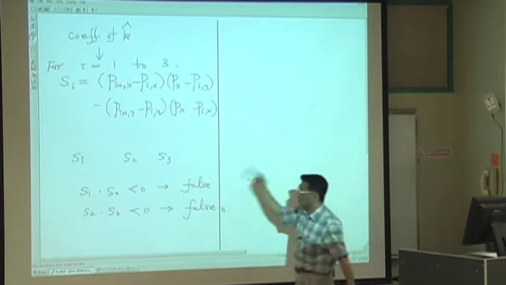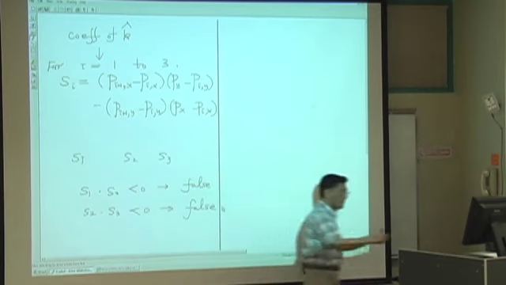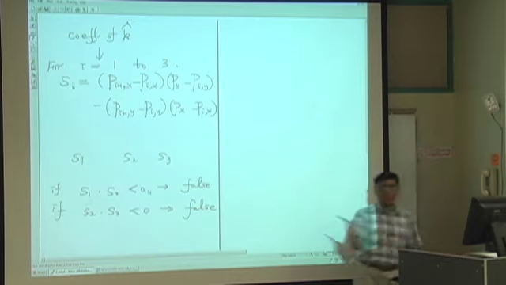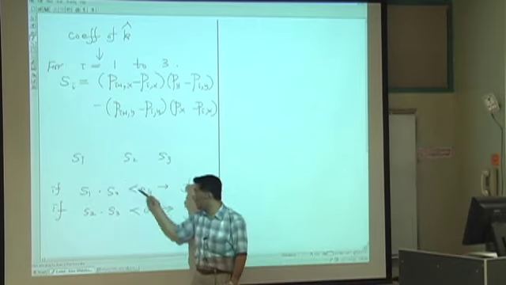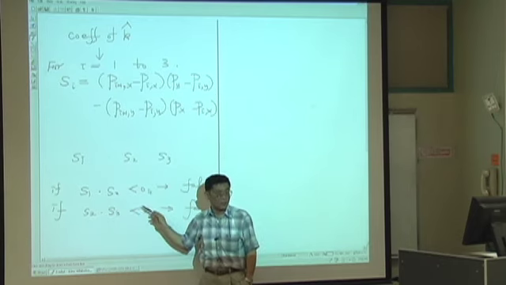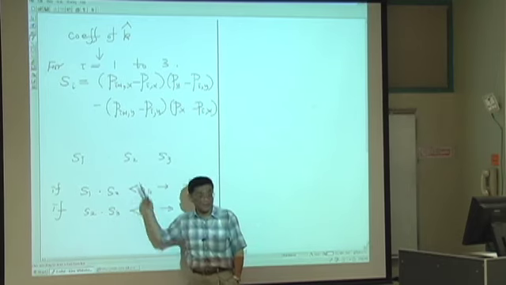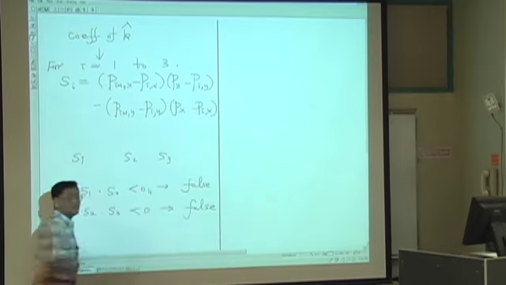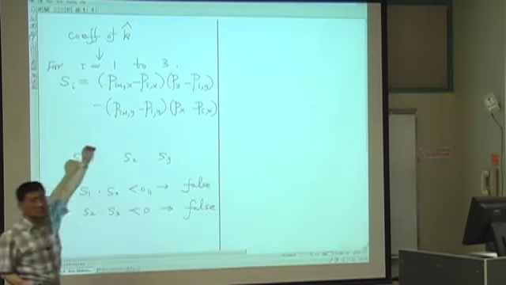But if somehow it passes both conditions, in other words, S1 S2 multiplied is greater than or equal to 0, and this is also greater than or equal to 0, then the only way possible is everything is greater than or equal to 0. In other words, everything has the same direction. So the programming part is extremely simple.